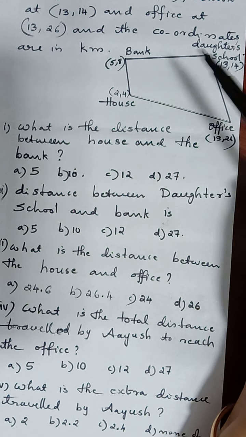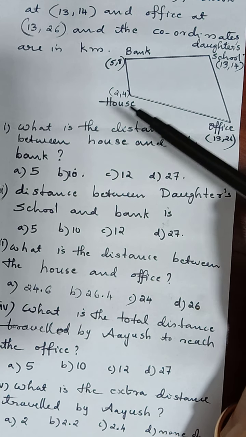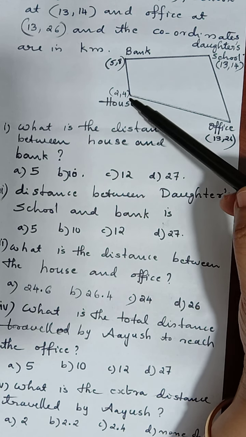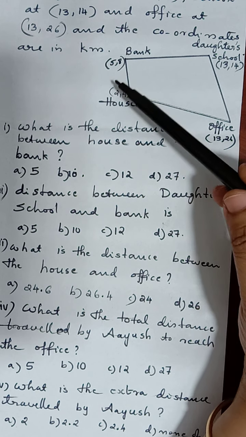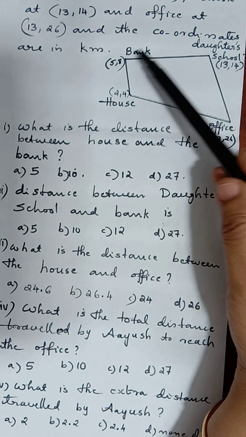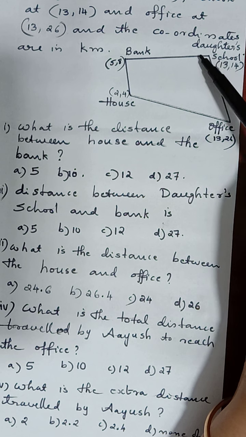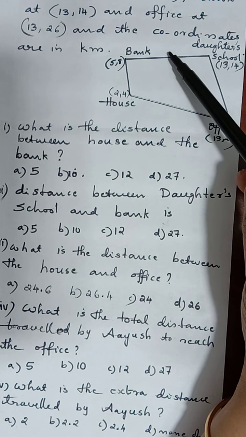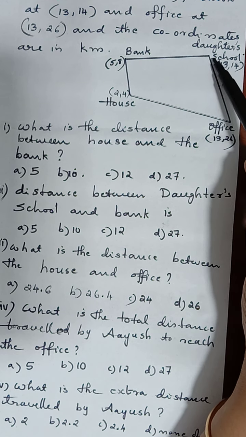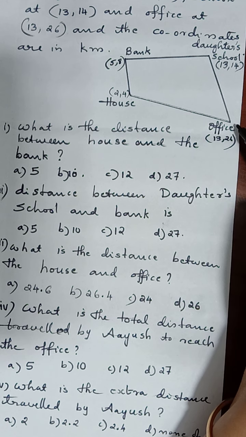That is, Ayush is moving from his house to bank, that we know already. From bank to daughter's school, that distance we know. Then we have to find out daughter's school's distance to office also. After that we will be adding all these three values.